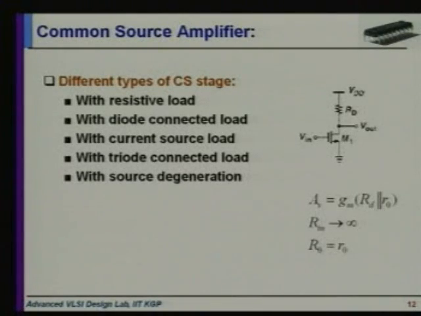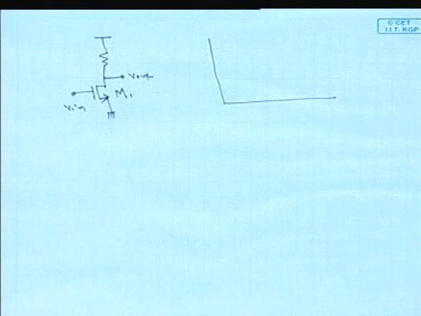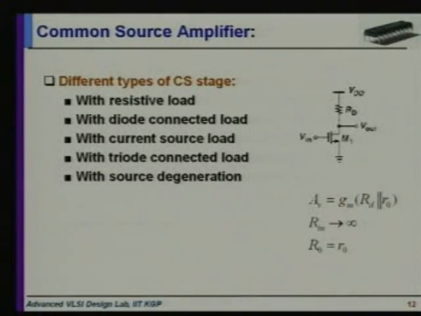Okay. Now, if we want to analyze in the DC domain of that particular amplifier, we should vary the input voltage, that is Vin of this amplifier, from 0 to VDD, and find what the output voltage will be.